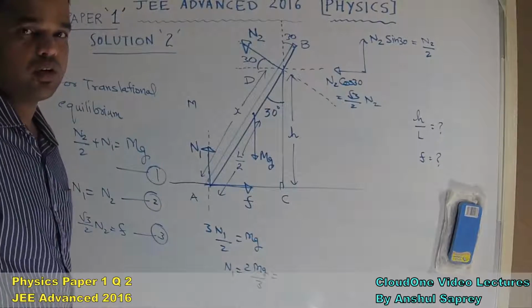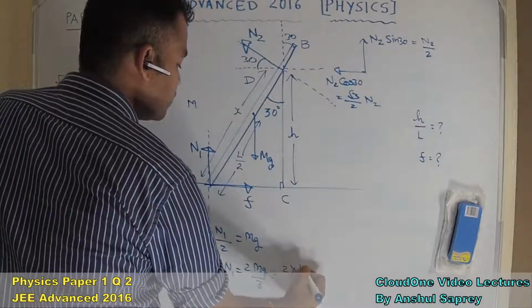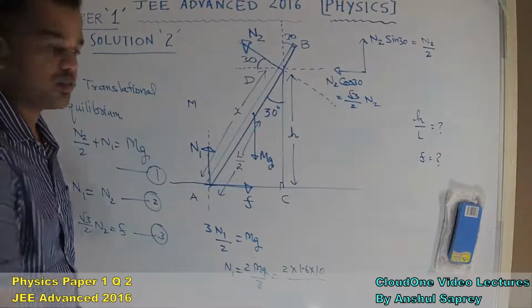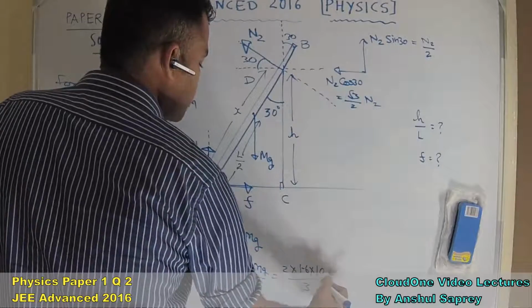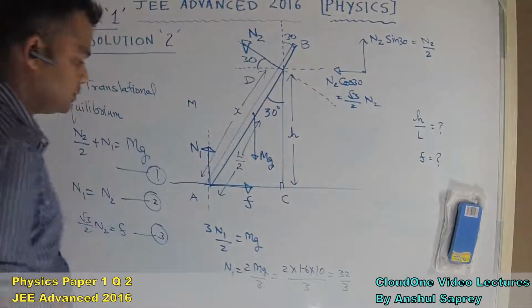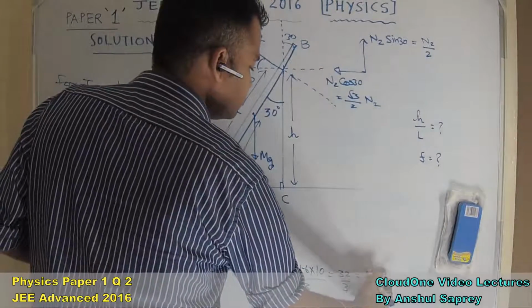The mass of the rod as given in the question is 1.6 kg. So this is 2 into 1.6. The value of acceleration due to gravity is 10 meter per second square. So I'm getting this as 32 by 3 Newton. So N2 is also the same.